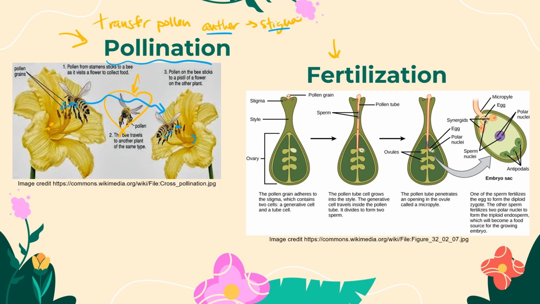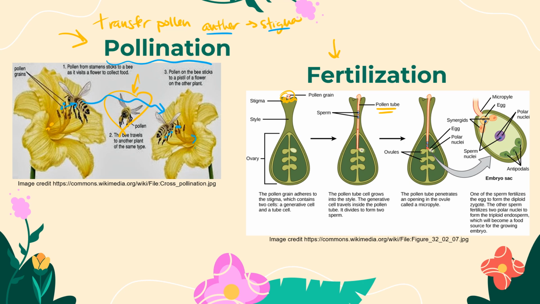After pollination, we can now have some fertilization. What happens in fertilization? The pollen grain that got here via pollination, the pollen grain that is stuck to the sticky stigma, is going to start to grow a pollen tube. This is done with genes in that pollen tube nucleus that's inside the pollen grain.